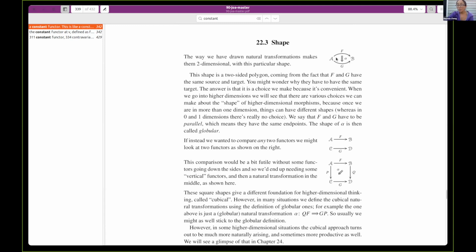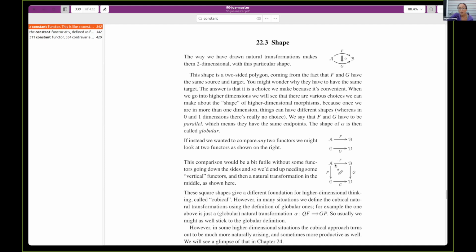I mean, that's what a shape is, right? What's a shape in any language? It's what format the boundaries take. And here, it's that it's got a source functor and a target functor going between the same categories. It's called globular because it's like a globe shape. It's globe shaped as opposed to square shaped.